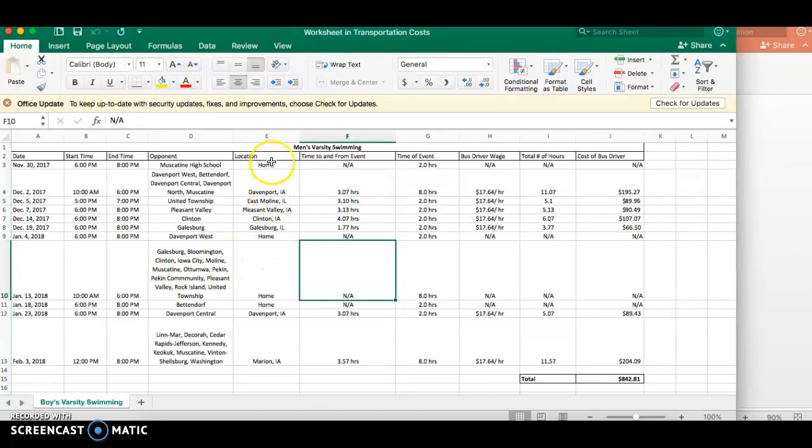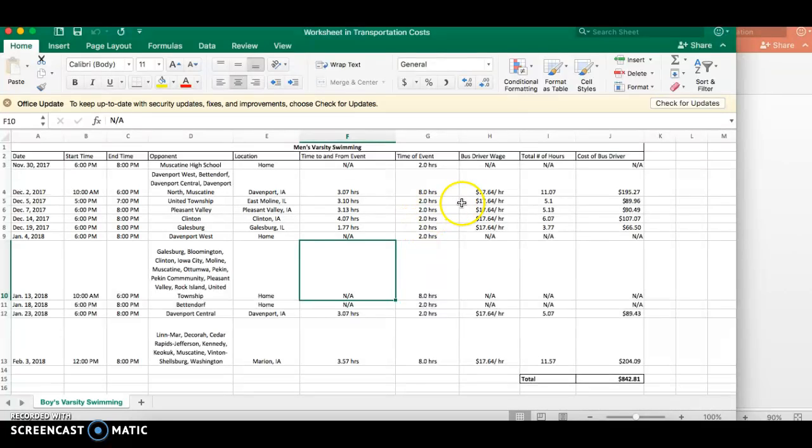I looked at the location of where the event was taking place, and then I calculated from Burlington to the location and about how many hours there and back it would take for the school bus driver to drive the team to the event. And then I also added the total time of the event.